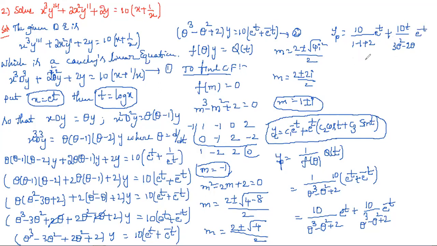This is 5 e power t plus, substituting theta as minus 1, 10t by 5 e power minus t, that is 2t e power minus t. So this is the yp we got.